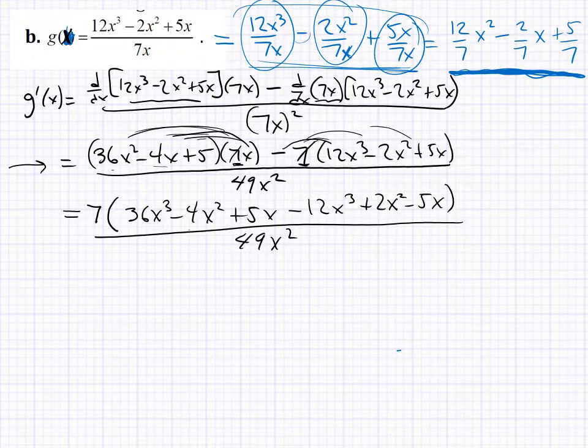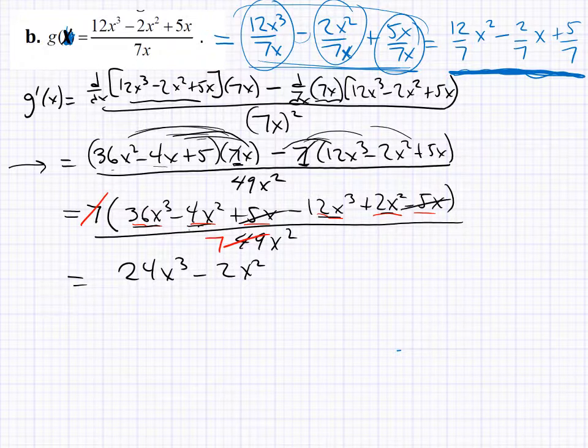Now what you see is that this 7 is a factor, and I can cancel with one of these 7's in the 49. What I can also do is start bringing together like terms. And so what I end up with is 24x cubed, that's the 36 and the 12. And then I'm going to have negative 2x squared, which will be the negative 4 and the 2x squared.